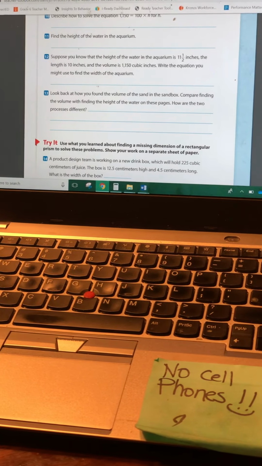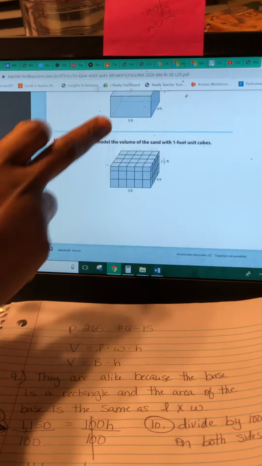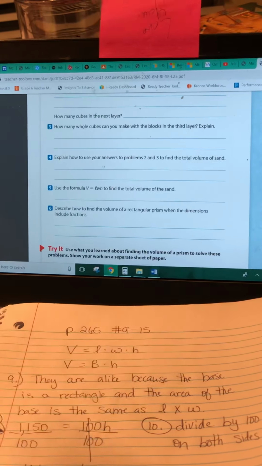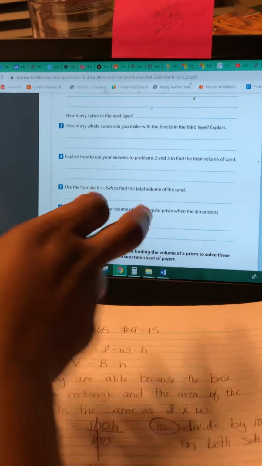So here we are. Okay. So first, if we look back, I'm just going to thumb through the pages to refresh your memory. We were working on this example where we had to find how much sand would fit into this sandbox. And all we did was length times width times height. So that was one way.